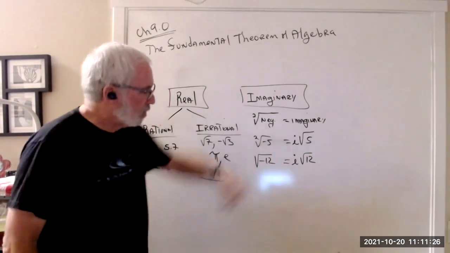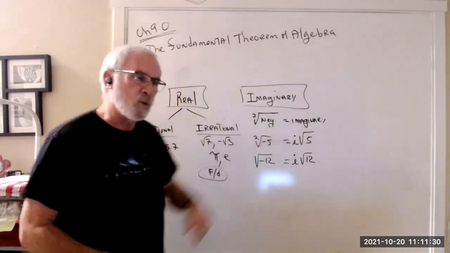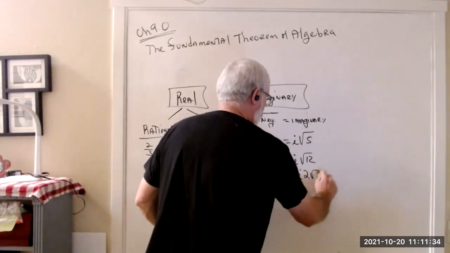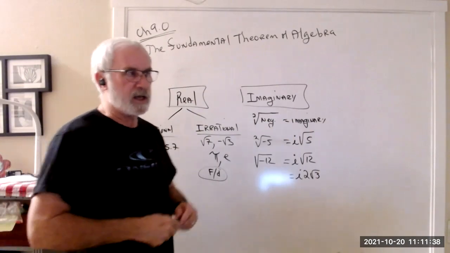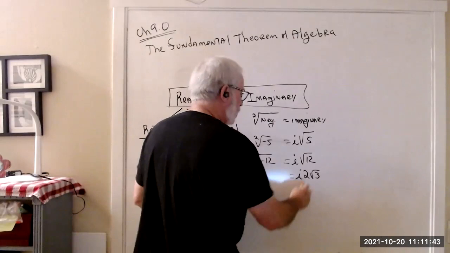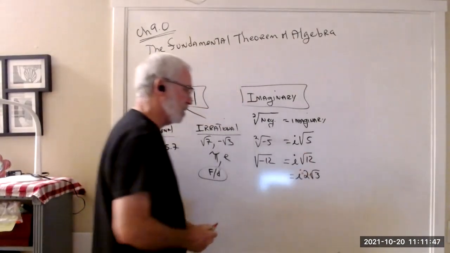Now we look at this, and the square root of 12, we know, is 2 radical 3. We've been doing that a lot, and your calculator will do that. But remember, these are all multiplying: 2 times i times radical 3.